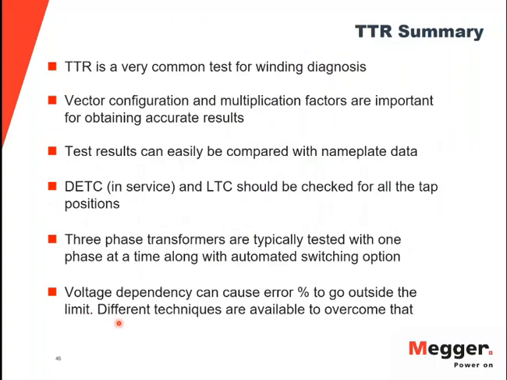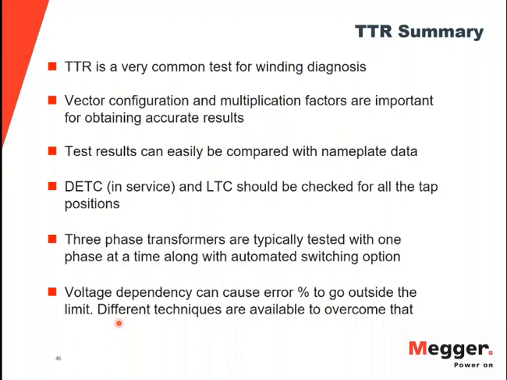To summarize, TTR is a very common test. You need to be careful about the vector configuration and your nameplate information. The reason why this test is a preferred test is that it's an on-spot diagnosis where you can compare the results with the nameplate data. It is recommended to test all the taps of the DETC and LTC.